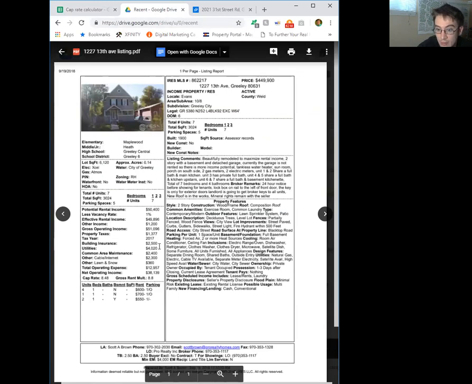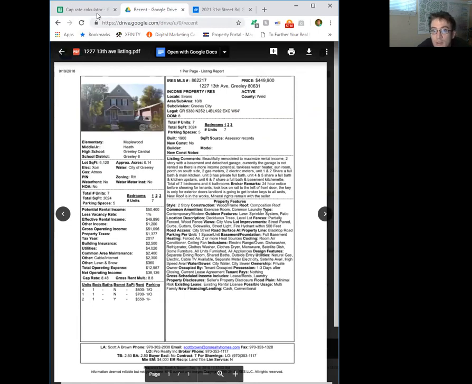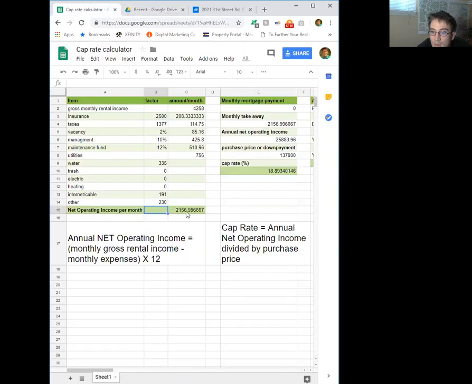Purchase price. All right, we have our net operating income. So our net operating income each month after all those expenses is $2,156.